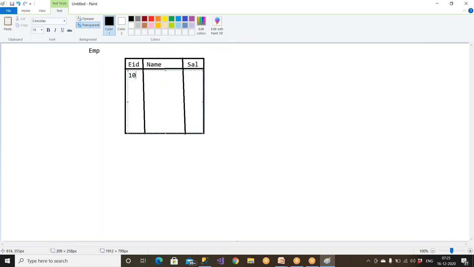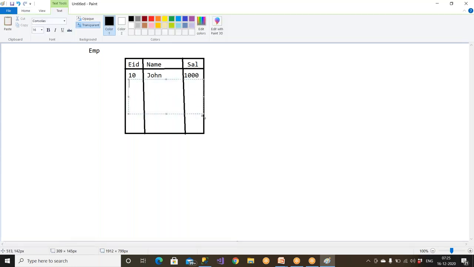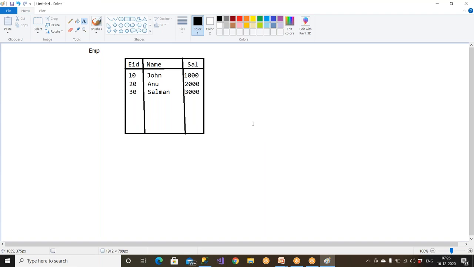So I'm storing employee number 10, let us say John. Salary is 1,000. Then we have the next employee, let us say Anu. Salary is 2,000. Then we have the next employee, let us say Salman. Salary is 3,000. Like that, we have a lot of data, right?